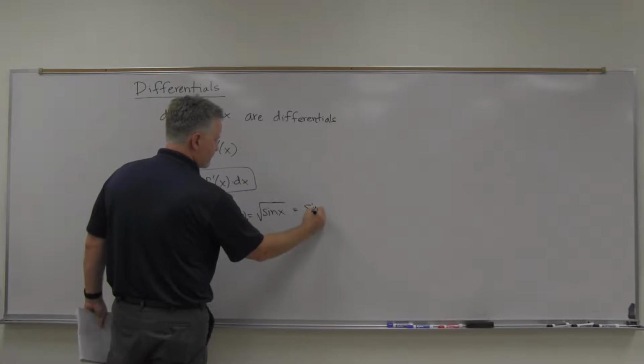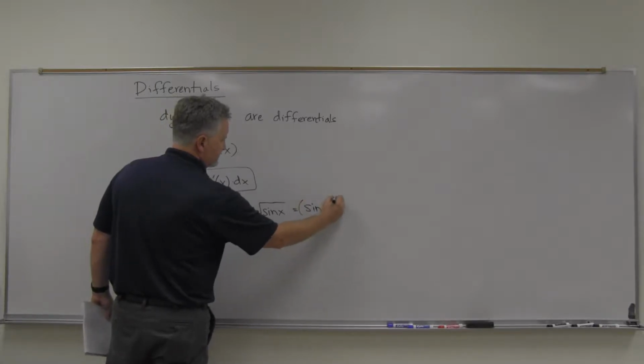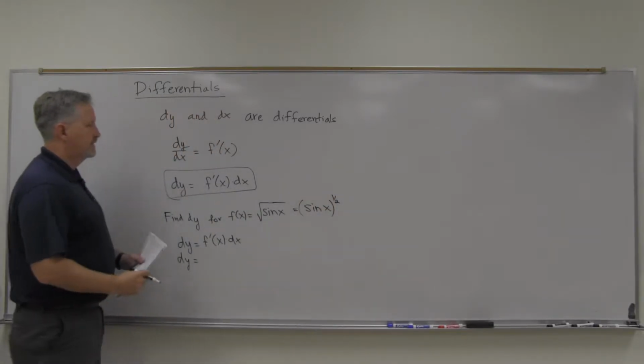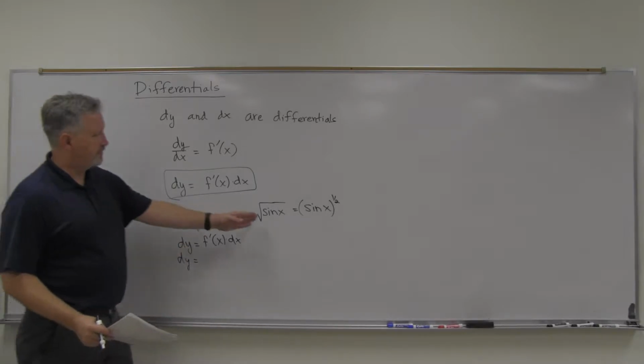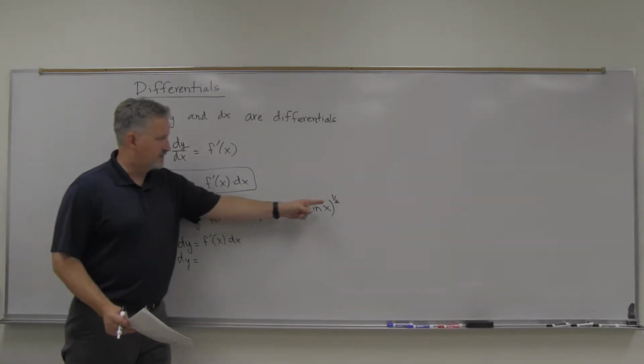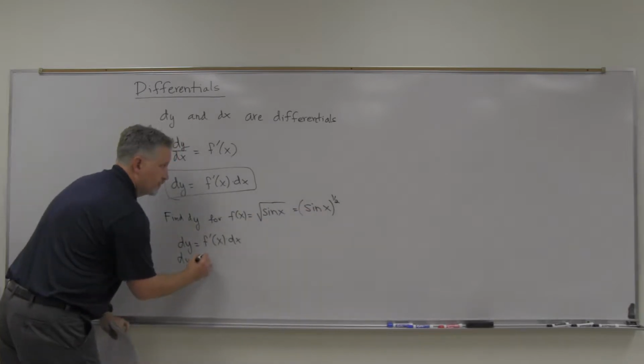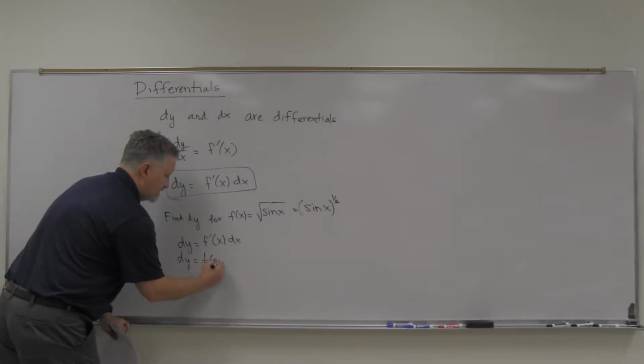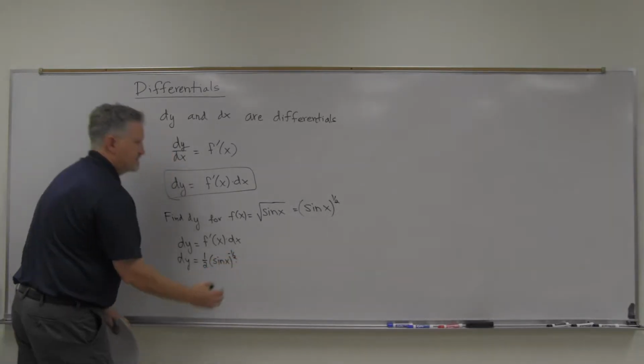Well, you get the derivative here. Let's think of this in terms of sine of x to the power, right? Square root of sine of x is sine of x to the 1/2. So the derivative is going to be 1/2 times sine of x to the minus 1/2 times the little chain rule, right?